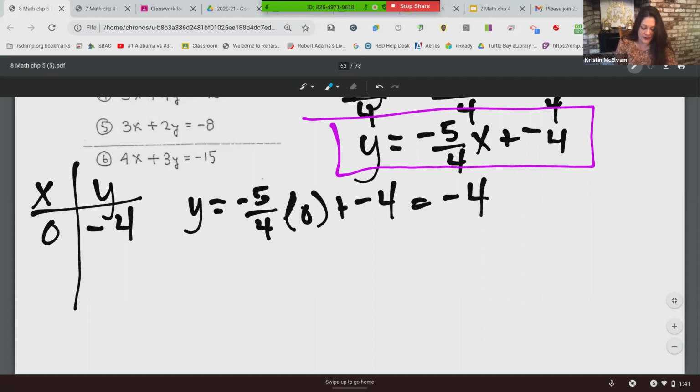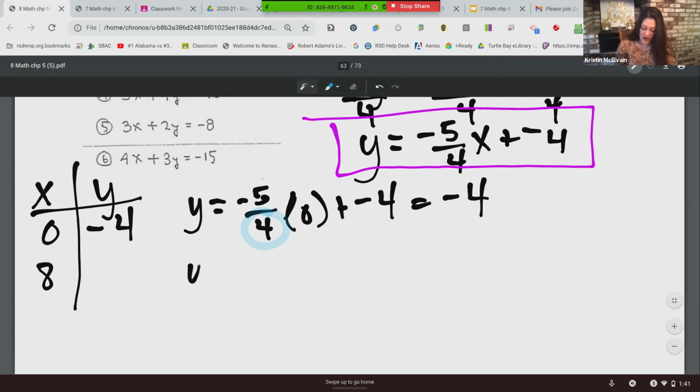For my second input, I'm going to use, let's do an 8. Okay, and I'm switching it up so you know that the denominator is 4. So I just need to use a multiple of 4. So I want to show you what would happen if I used 8. Okay.